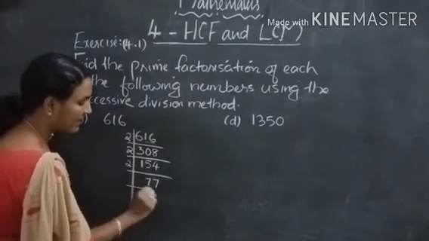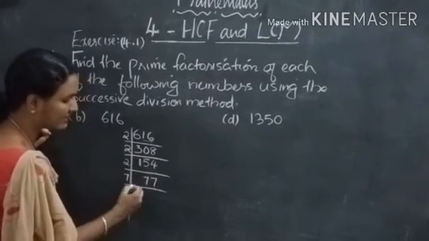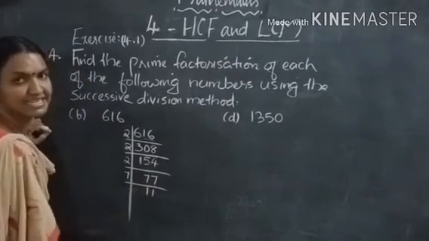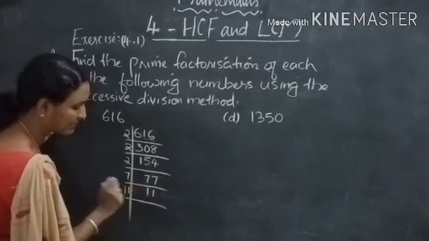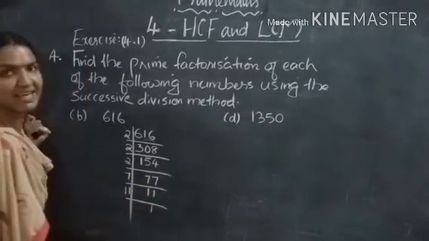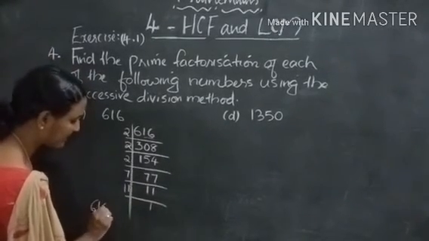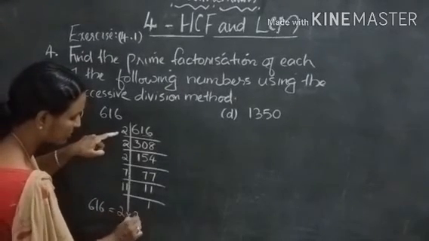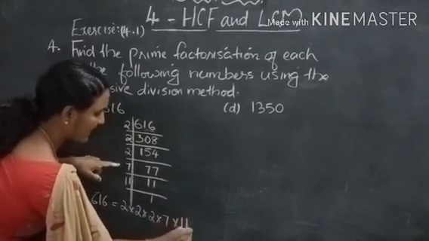Here is 7, so take 7 outside. 1 7s are 7 and 1 7s are 7. Again 11 is a prime number, so take outside, 1 11s are 11. So 616 is equal to 2 into 2 into 2 into 7 into 11.